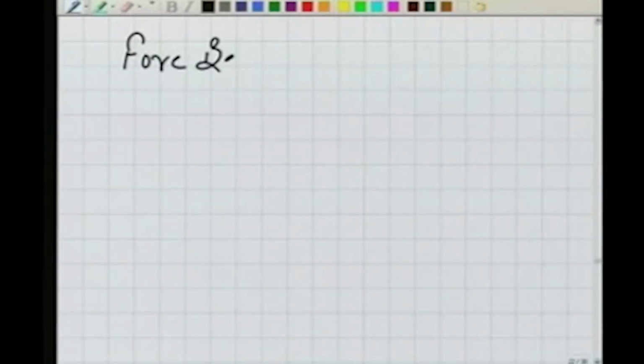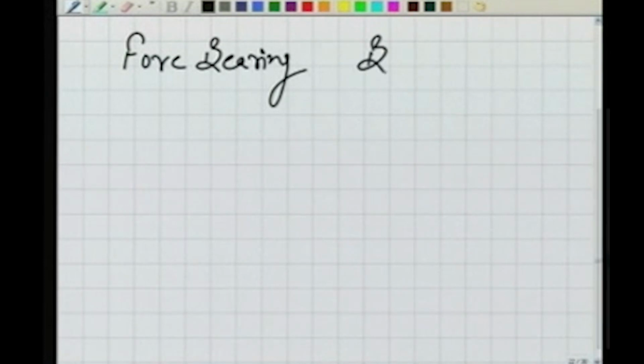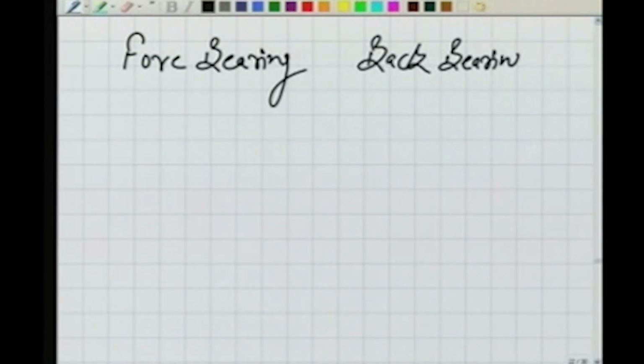Now we are going to look into some more terms. One is fore bearing and the other is back bearing. It is written also as FB and BB.